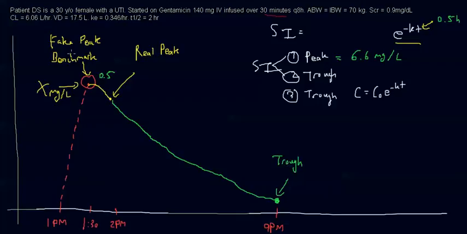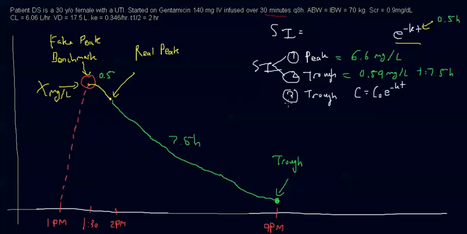Looking at our benchmark at 1:30, how much time has elapsed from 1:30 to 9 p.m.? That's easy, it's 7.5 hours. So t is equal to 7.5 hours, and if you plug it in, you should get a trough of, I believe, 0.59 milligrams per liter.